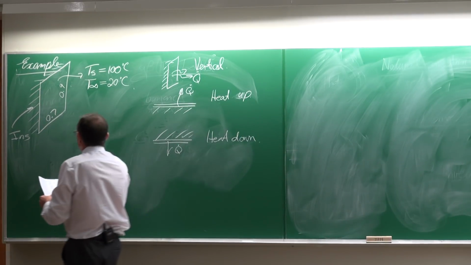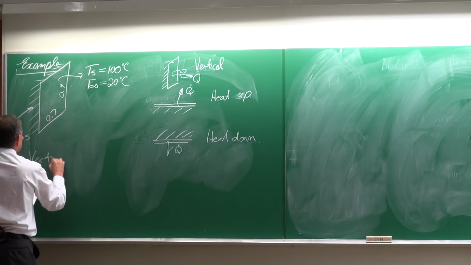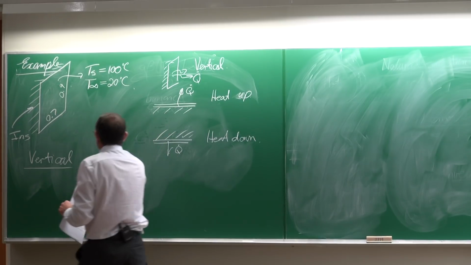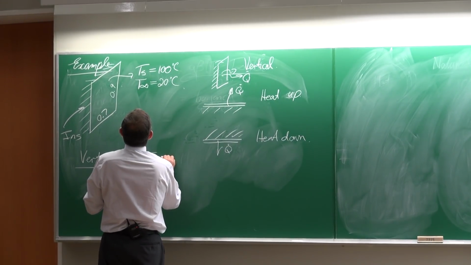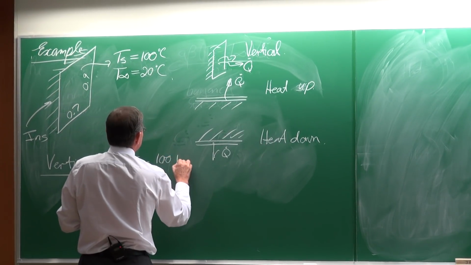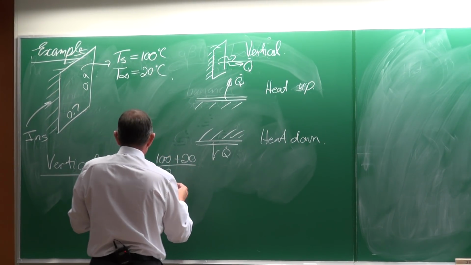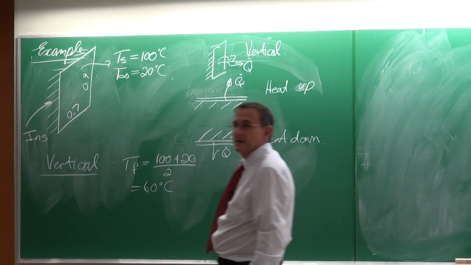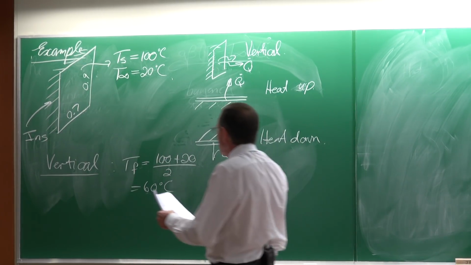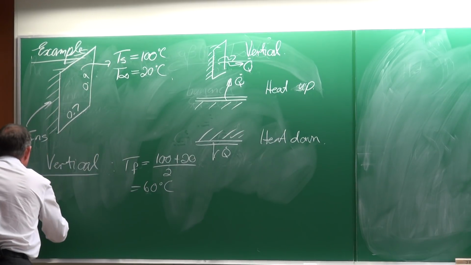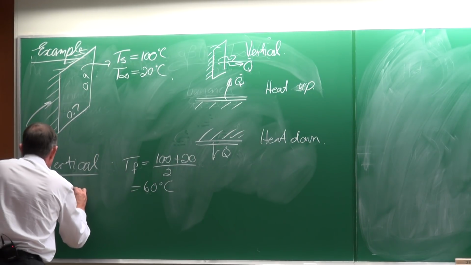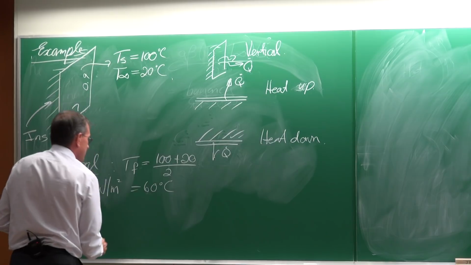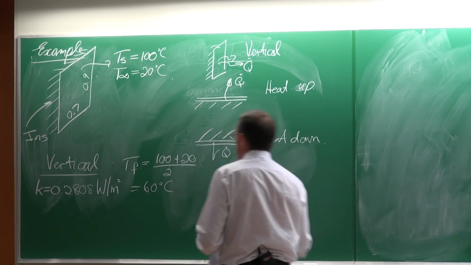Right, let's start with the vertical plate. For the vertical plate, we've got a film temperature, which is the average of 100 plus 20 divided by 2, and that is equal to 60 degrees Celsius. So we would like to get the air properties at 60, and those are a k value of 0.2808 watts per meter degrees Celsius.